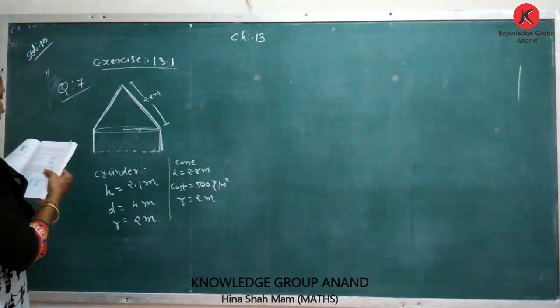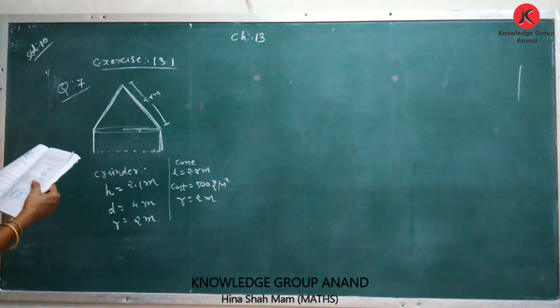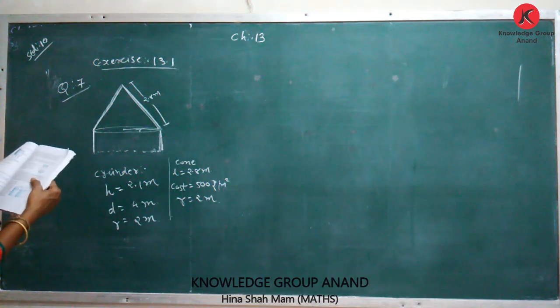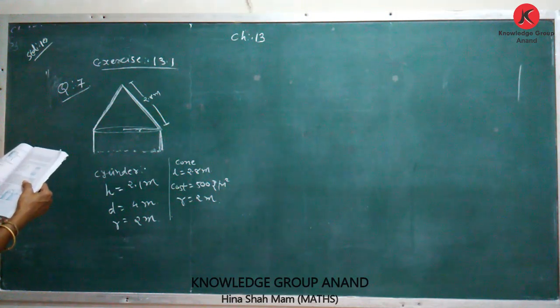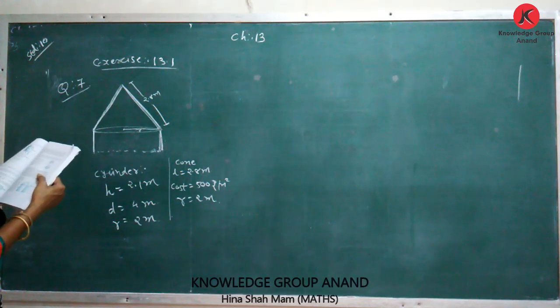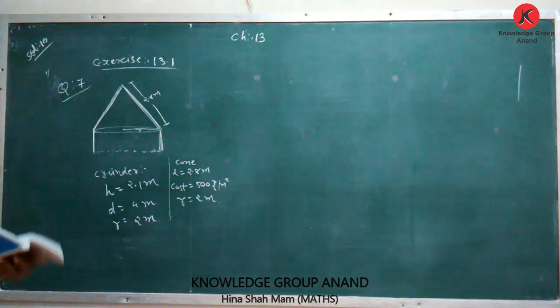Find the area of canvas used for making the tent. Also find the cost of the canvas of the tent at the rate of rupees 500 per meter square. Note that the base of the tent will not be covered with canvas.